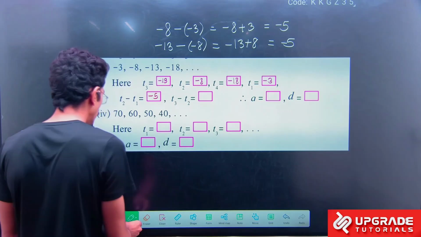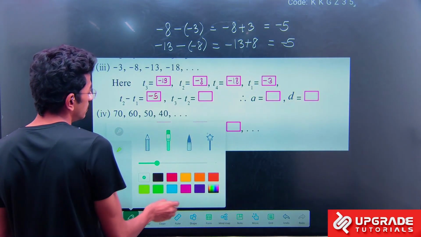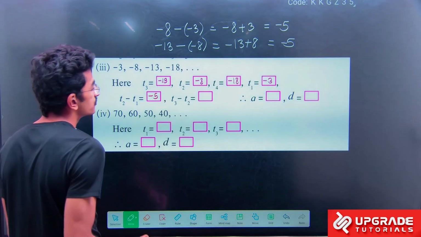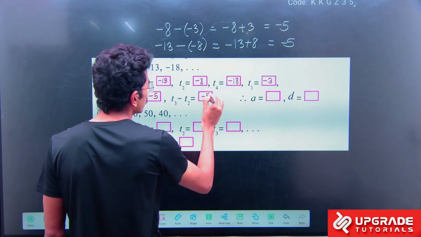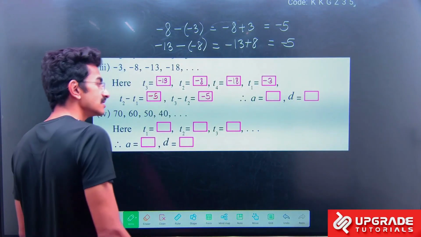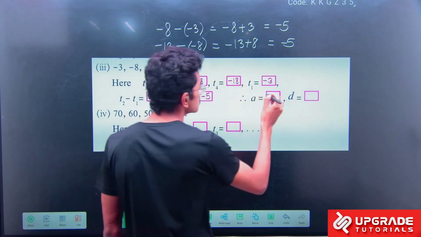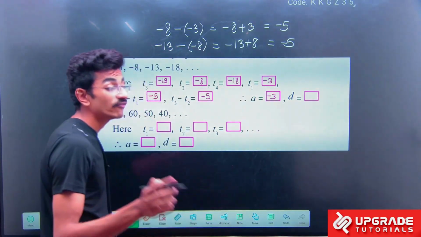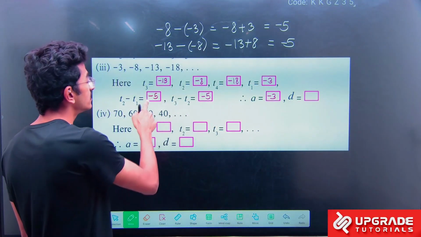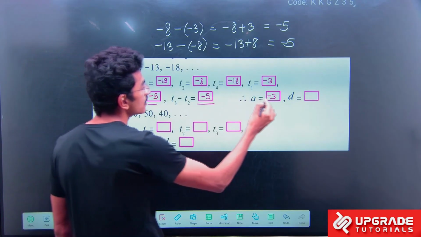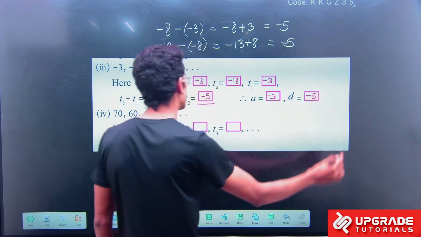So the value of T3 minus T2 is again minus 5. Therefore, we can conclude that the value of A, the first term, is minus 3, and the value of D, the common difference, is minus 5.